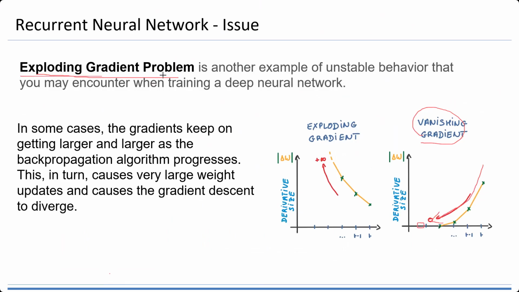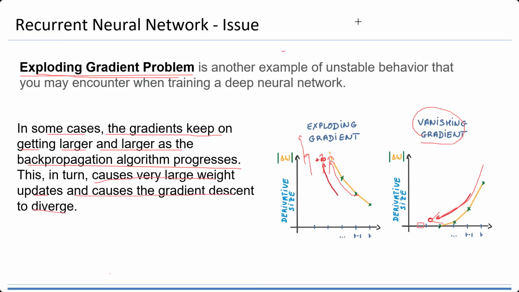In the exploding gradient problem, in some cases, the gradients keep on getting larger and larger as the backpropagation algorithm progresses. So the value becomes high, high, high in some of the steps. And if it is higher and higher until the end of the steps, then it causes very large weight updates and causes the gradient descent to diverge.